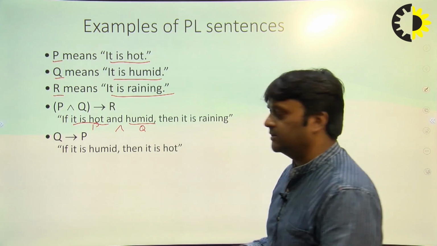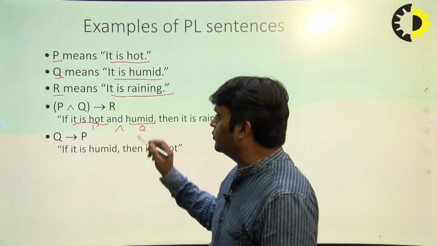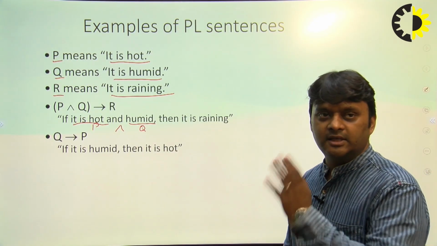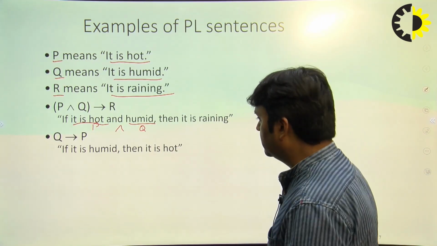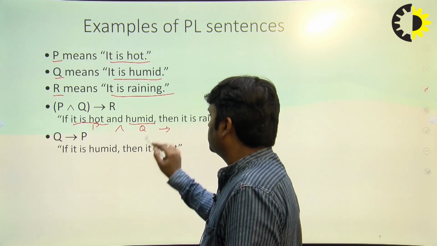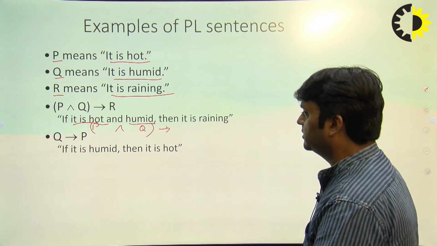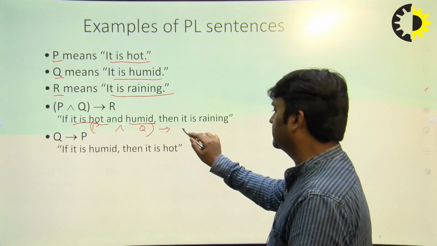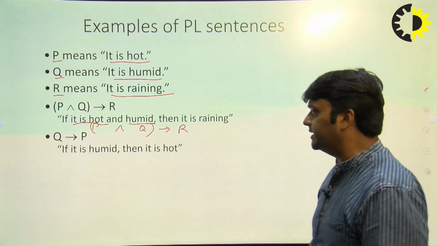Then it is raining. For if-then, we use the conditional connective. So if it is hot and humid, then it is raining, we write it here.